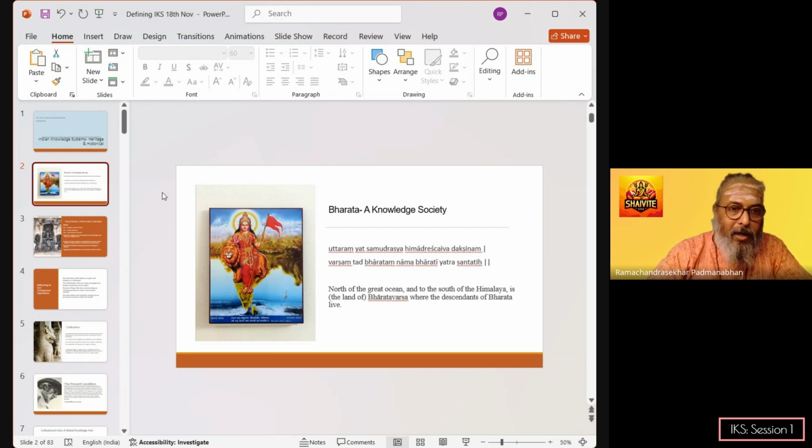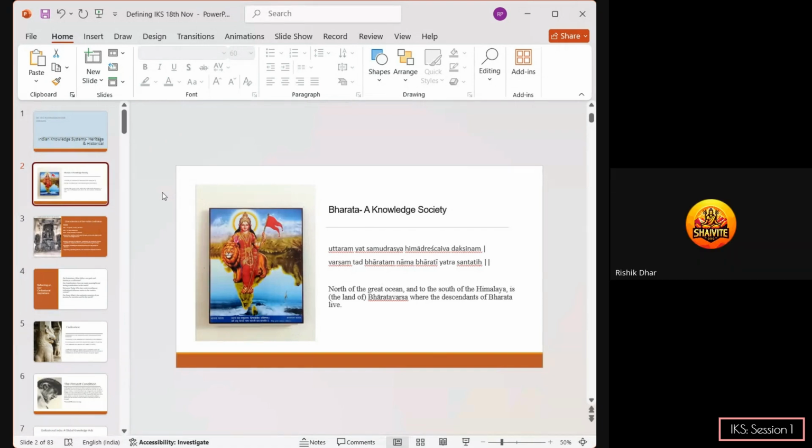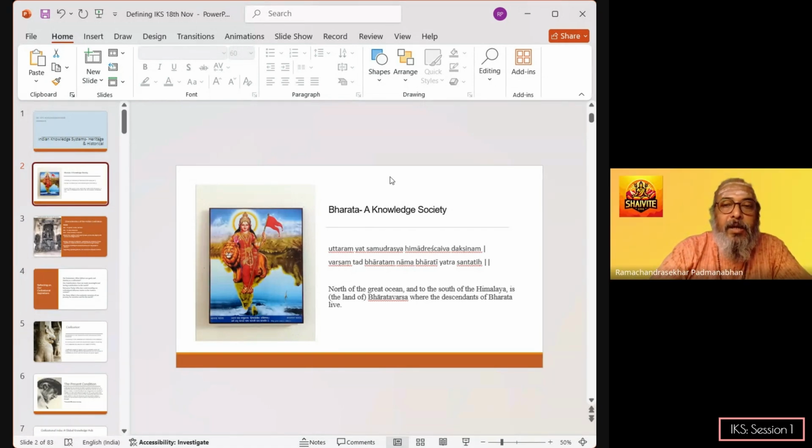It is called Bharata because Bharati resides there. Bharati is not merely the descendants of Bharata. It is also a term used to refer to the goddess of learning, Saraswati. So when we say Bharati Santati, it means where the divine goddess of learning resides.